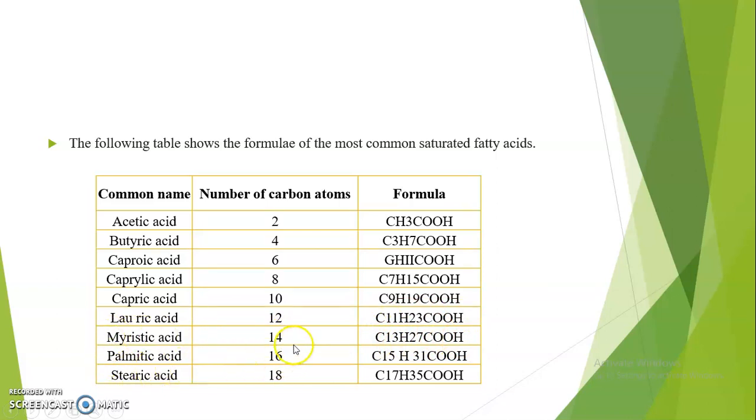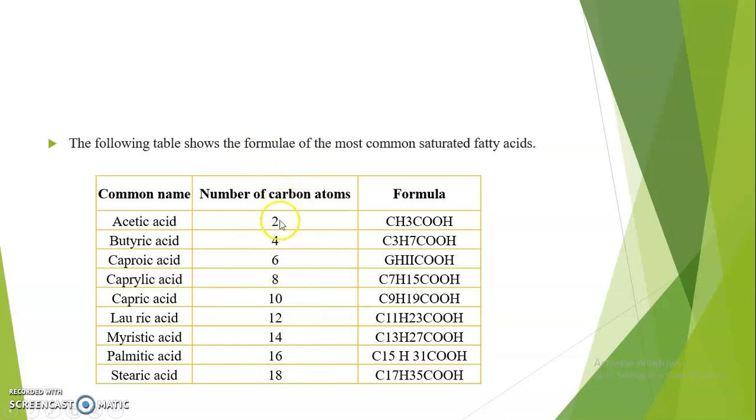Palmitic acid, with 16 carbon atoms, C15H31COOH. And stearic acid, which has 18 carbon atoms, has the molecular formula C17H35COOH. So as we increase the number of carbon atoms, water miscibility or solubility decreases.